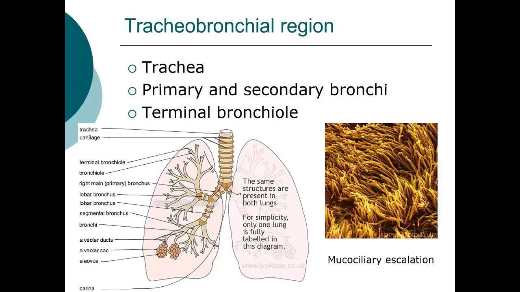There's about 200 cilia per cell, and these cilia can sweep particulate matter from the lungs up, mainly into the digestive system. So they're a way of ridding the body of foreign material.